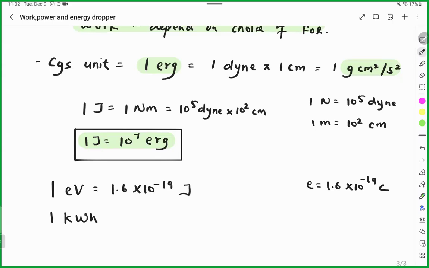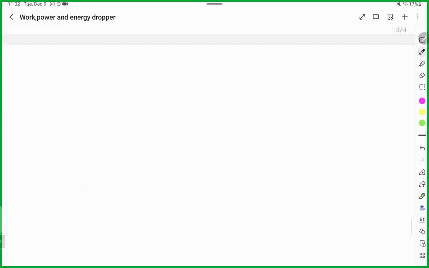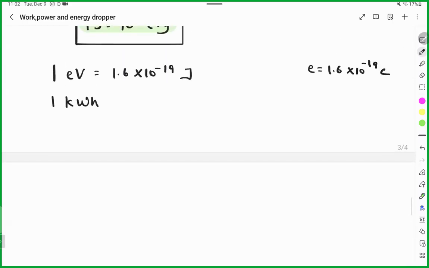In your electrostatics chapter, you will study, when you calculate the potential, how much work you have to do to bring the unit positive test charge. So if you calculate energy or work, it will be equal to charge into potential, right? So in this form we calculate. Understood, guys?